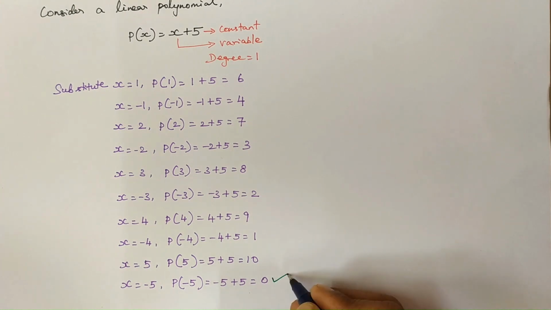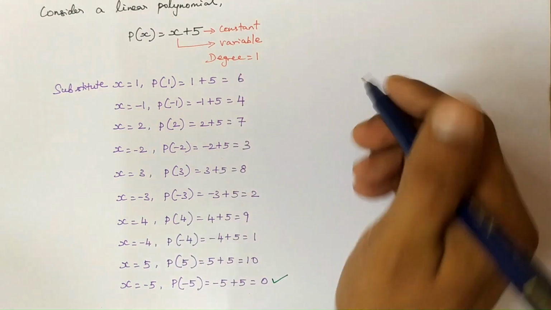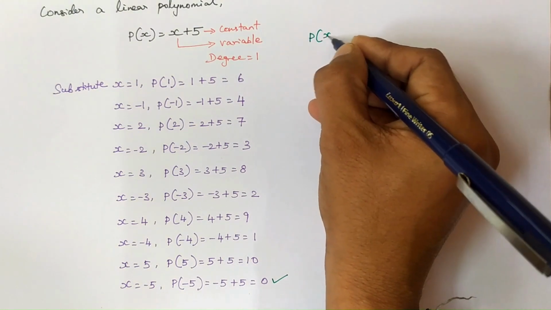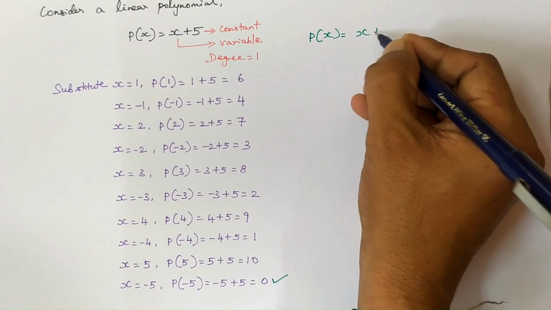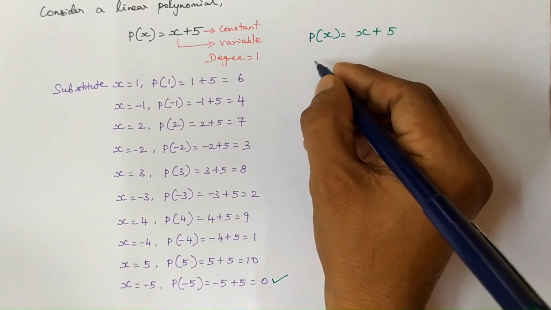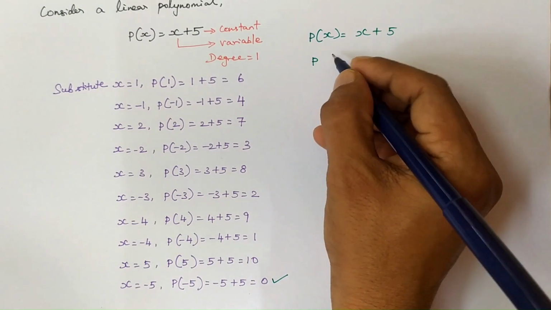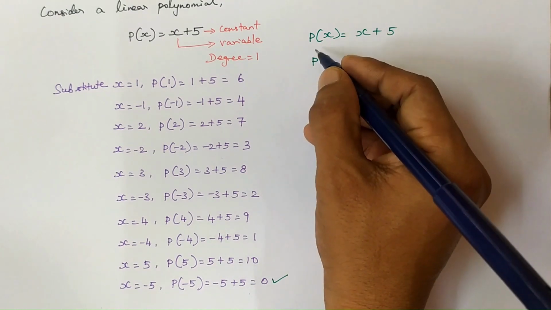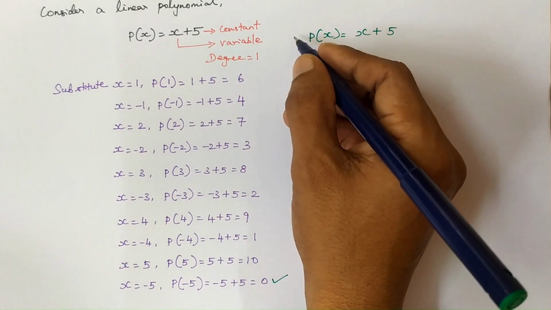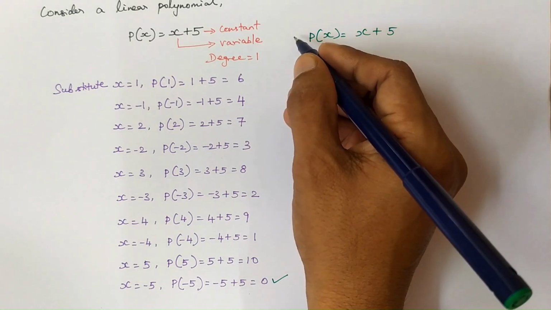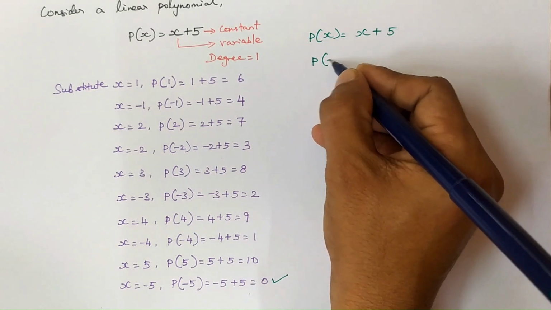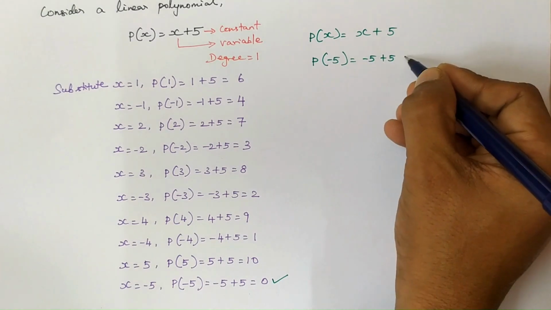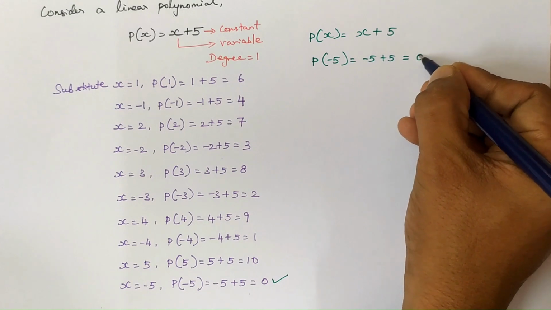It reaches 0 here, for the polynomial p of x is equal to x plus 5, when x is equal to minus 5. p of minus 5 becomes minus 5 plus 5, and the value of the polynomial is equal to 0.